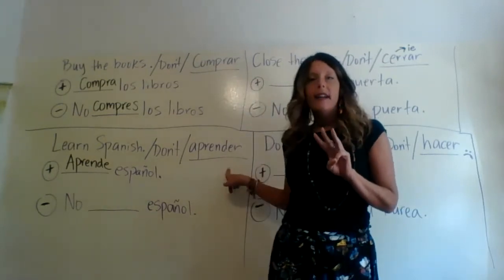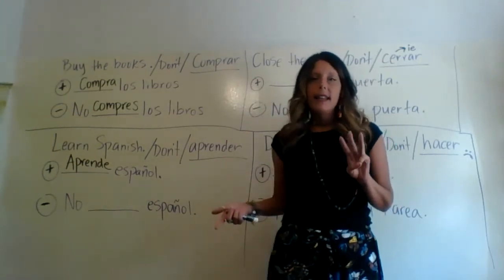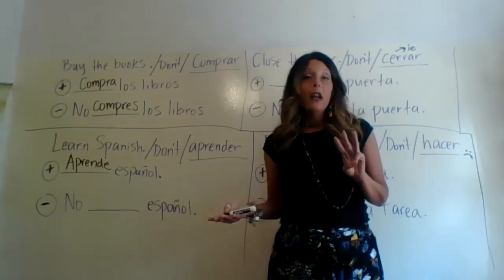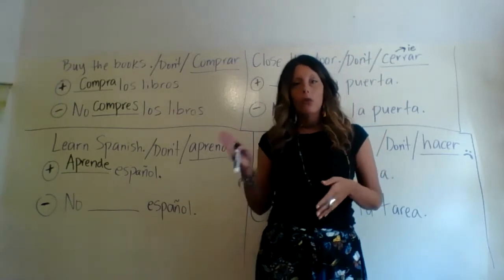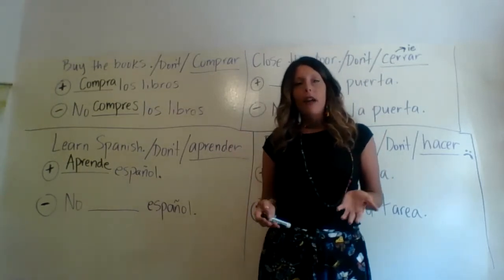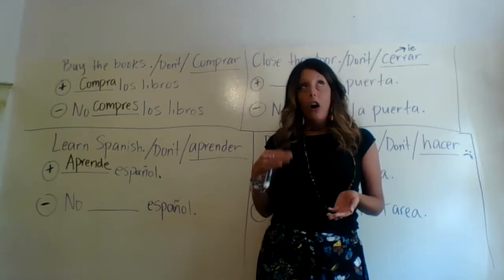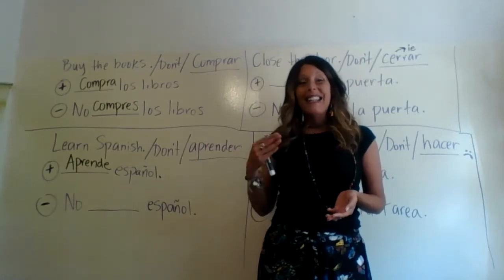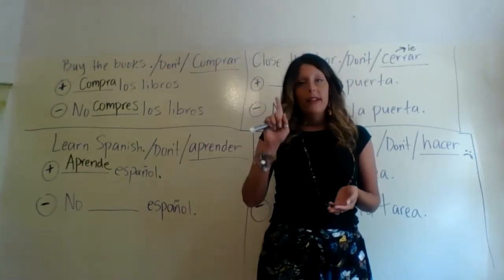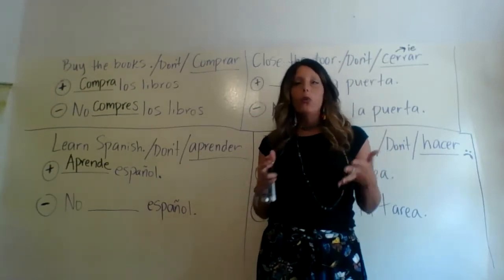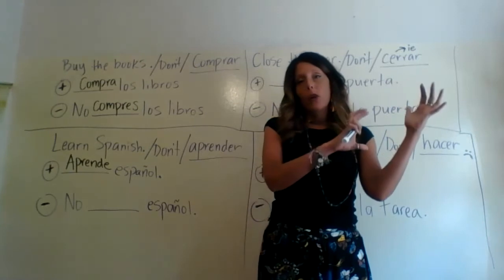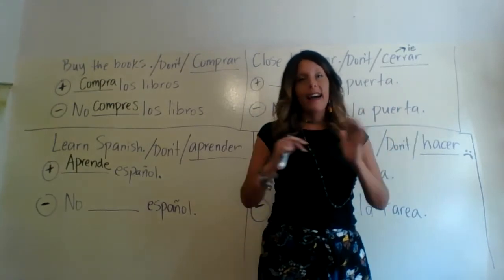Since aprender is an ER verb, the opposite ending, that letter we would add, would be an A. We would end up, if we were just stopping there and just making a formal usted command, with A-P-R-E-N-D-A, but we're not done, because the second step to making a negative informal tú command is take the formal command and then add what? Add an S.